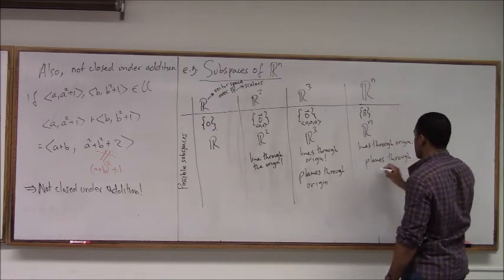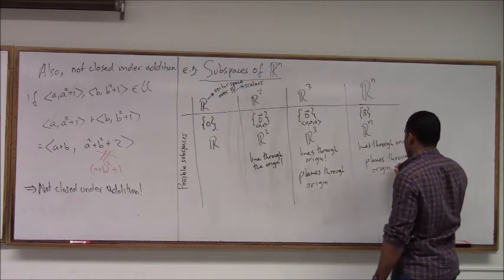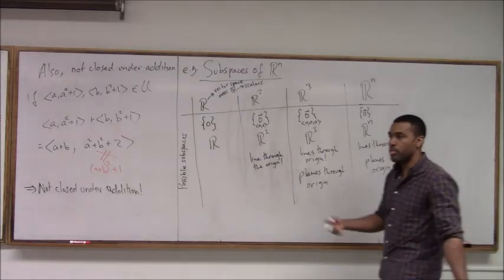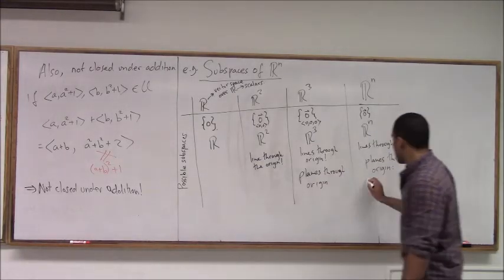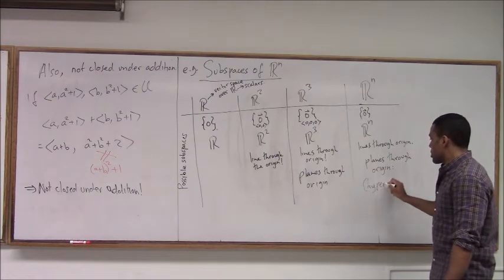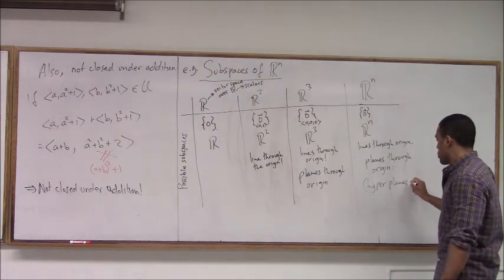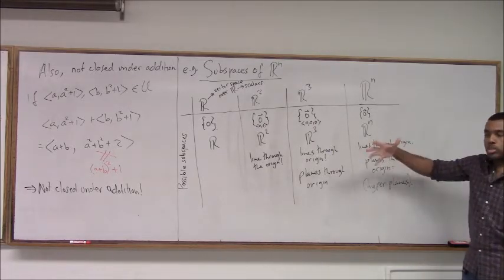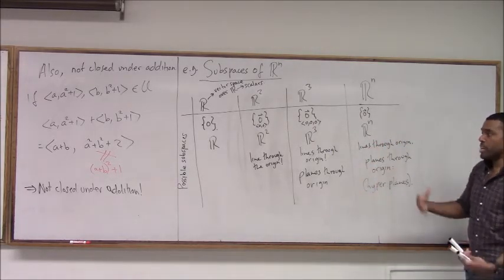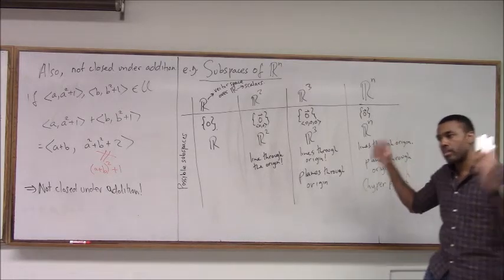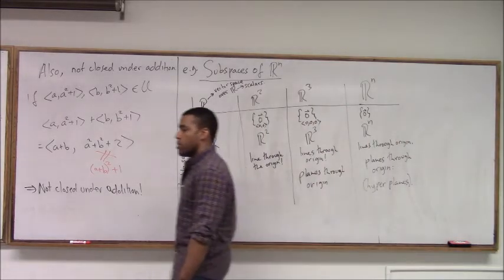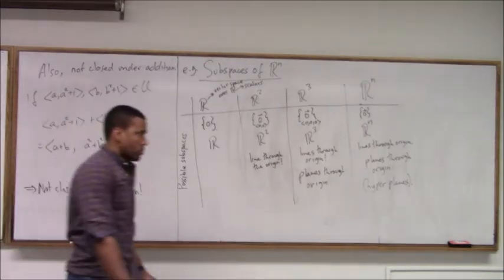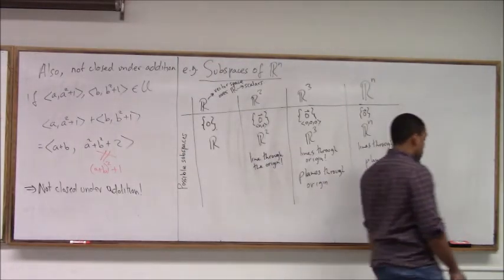Notice here though, once you get higher than 3-space, you can have hyperplanes. So you can have a 2D plane, a 3D plane, a 4D plane, and so on. The bigger your n is, the more multi-dimensional planes you can have, but every subspace has to be a plane up to n minus 1. So those are the only subspaces.